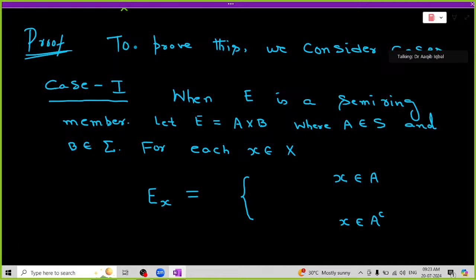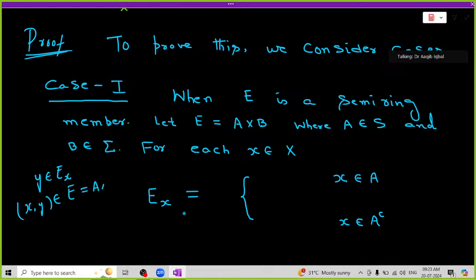Now if it is outside A, what will be the X section of E? Remember that E is A cross B. What can be a point in the X section in this case? If there is some point y in the X section, by the definition of X section it means the ordered pair x comma y belongs to E. And what is E in this case?